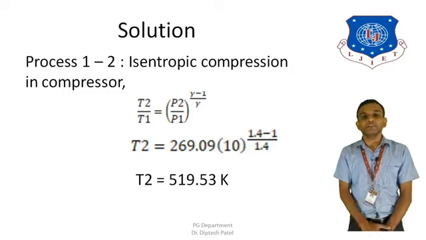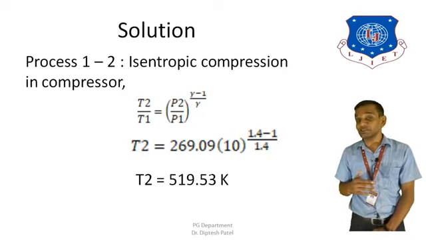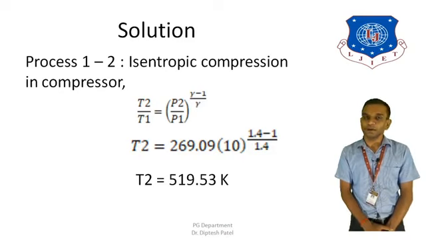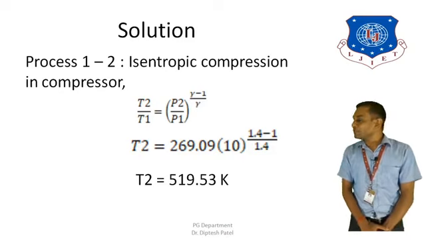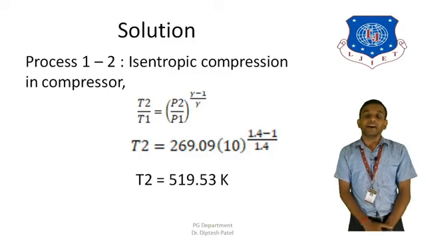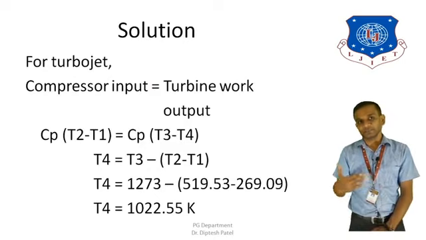So T2 is equal to, let's put the value of T1, that is 269.09, and P2 upon P1, that is the pressure ratio that is given to us, that is 10. So 10 raised to 1.4 minus 1 upon 1.4. So by calculating we can get the value of T2, and that is 519.53 Kelvin.